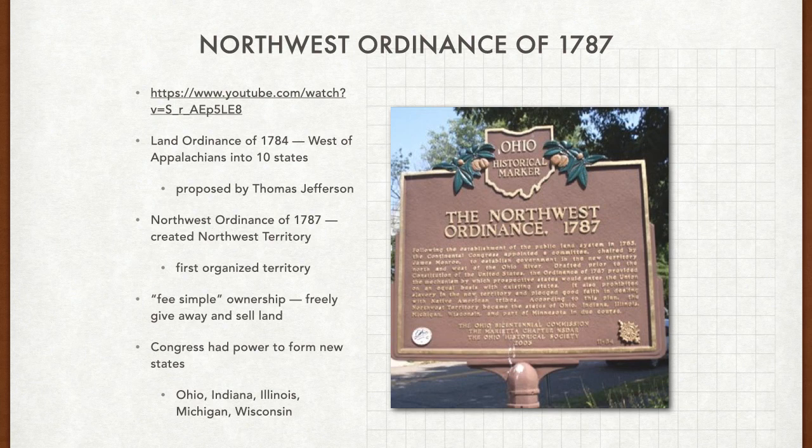This became the Land Ordinance of 1784, which intended to turn the territory into 10 small states. This ordinance would transform into the Northwest Ordinance of 1787, which we're talking about, formerly known as an ordinance for the government of the territory of the United States northwest of the River Ohio. Now, that's a lot to say, so that's why we just shorten it to the Northwest Ordinance.